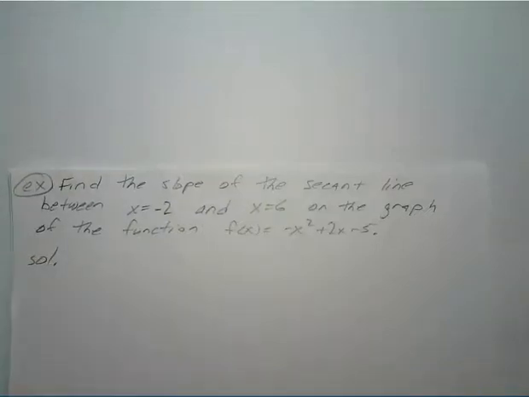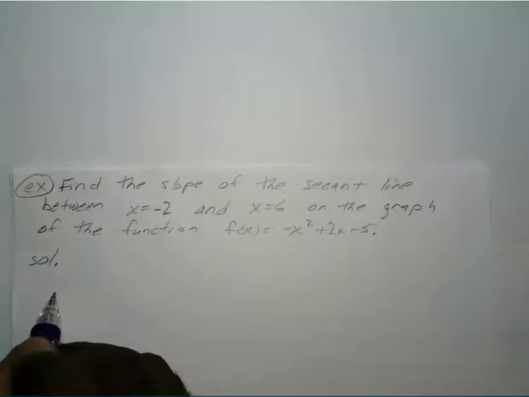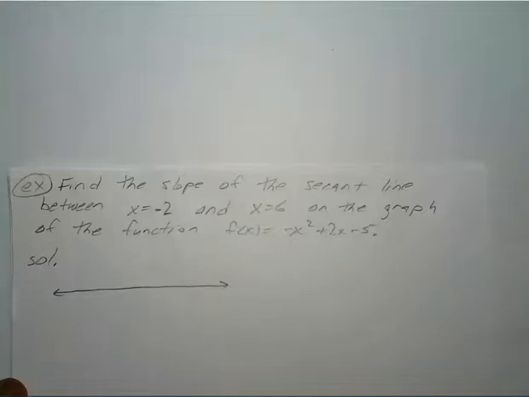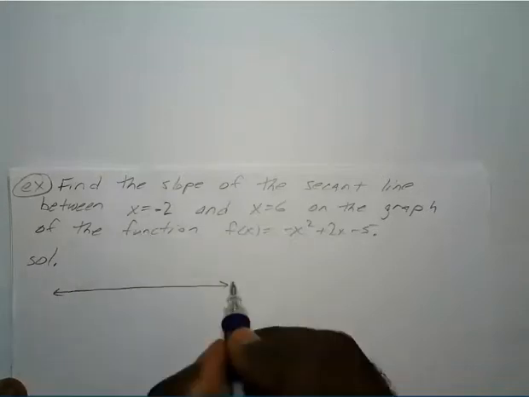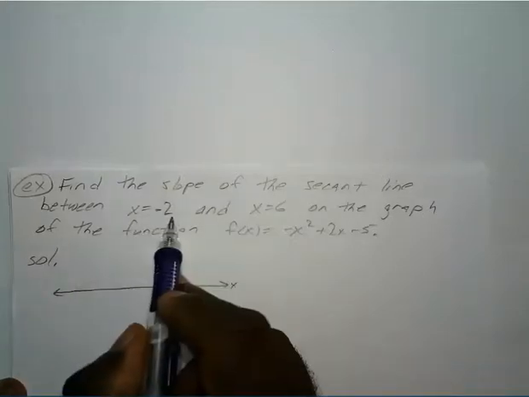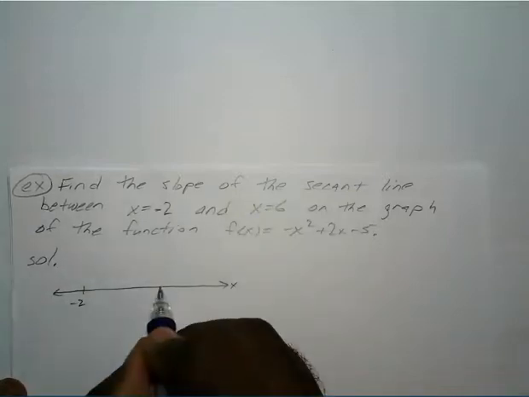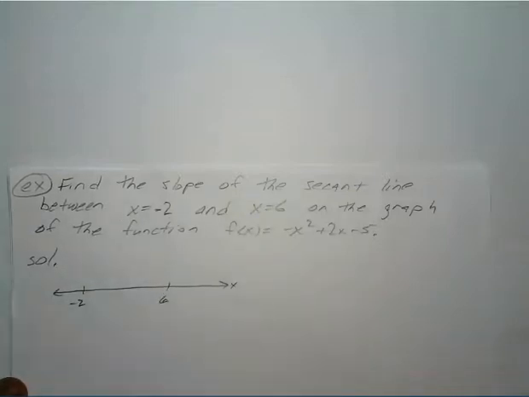Alright, so if you have been paying attention, you know I am a big fan of number lines. They just make things so much easier. Of course we are going to start off with our number line. This is our x-axis, with x equals -2 and x equals 6.